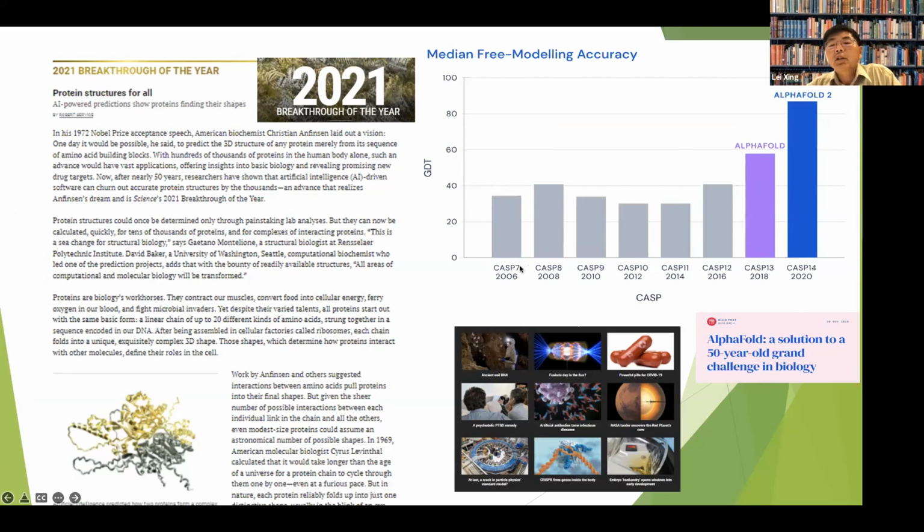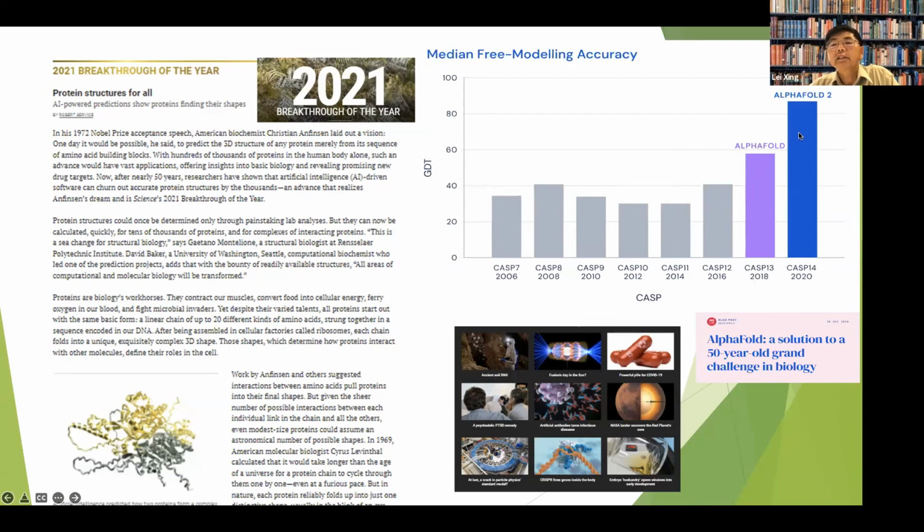There was an international competition, the CASP competition, that has been around. You can see that before deep learning, the best accuracy is around 40%. With the first generation deep learning, the accuracy of predicting the protein structure goes up to close to 60%.